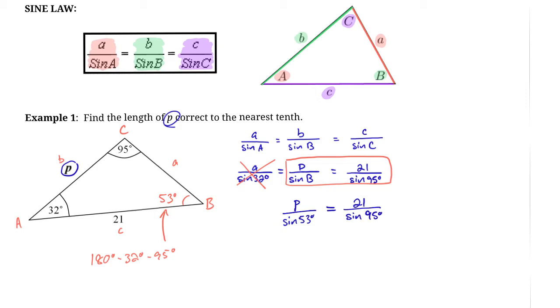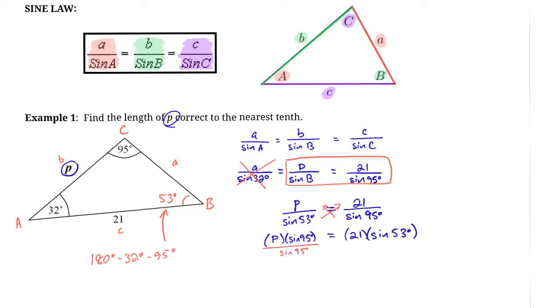To solve for P, we can do cross multiplication. So what happens is that sine 95 comes beside the P, and they're going to be multiplied. And that sine 53 is going to be beside our 21, these two should be multiplied. But we're finding this side length P. So how would we isolate that? To isolate P, we're going to divide by the sine of 95.